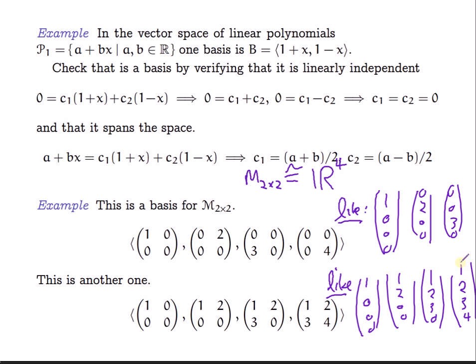If this coefficient is 0, then the next would also have to be 0, similarly, because that is the only remaining vector that has a non-zero component in the third coordinate, and so on. So I want to point out again that though these 2 by 2 matrices are apparently different from vectors, algebraically we deal with them the same way we would deal with 4-dimensional vectors. Okay.